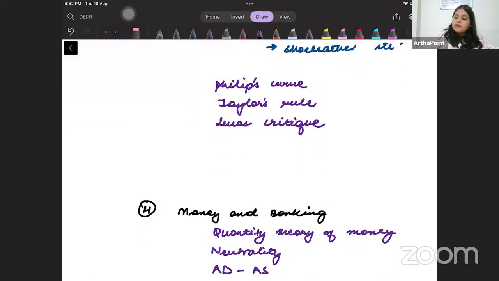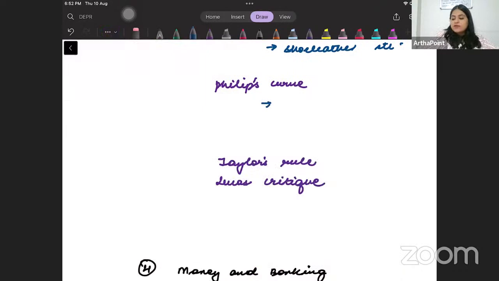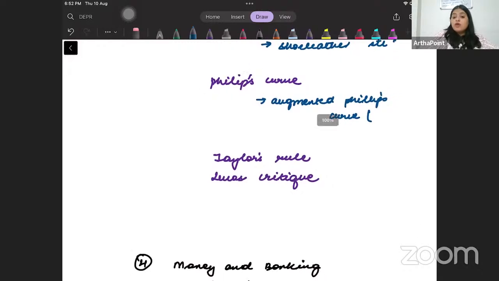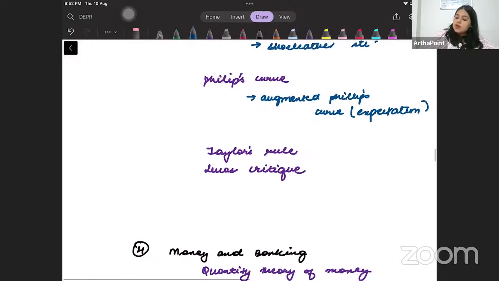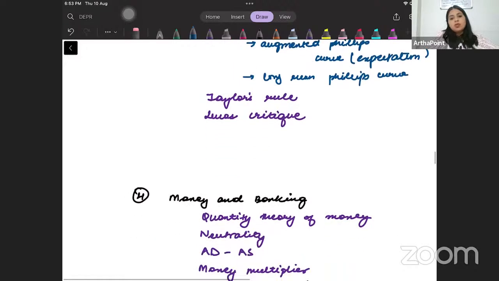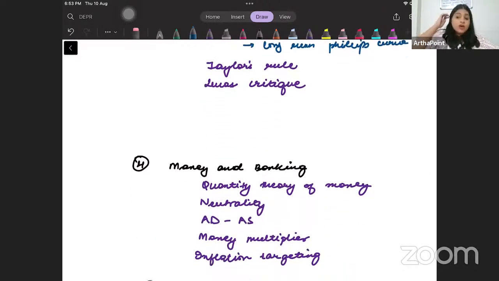Then they can ask you about the Phillips curve. Now, when we talk about the Phillips curve, they can also ask you about augmented Phillips curve equation, which takes into consideration the theory of expectation, right? So they can ask you about that. Then they can also ask you about the long run Phillips curve. Then they can ask you about the Taylor's rule and Lucas critique.